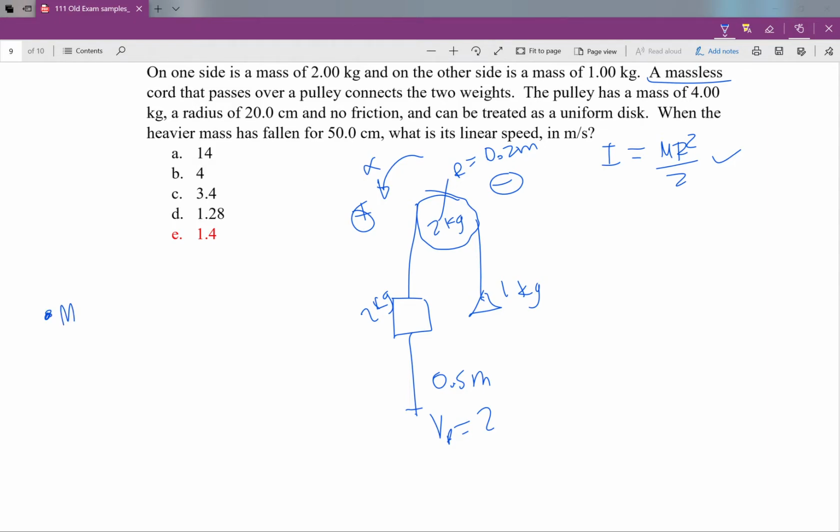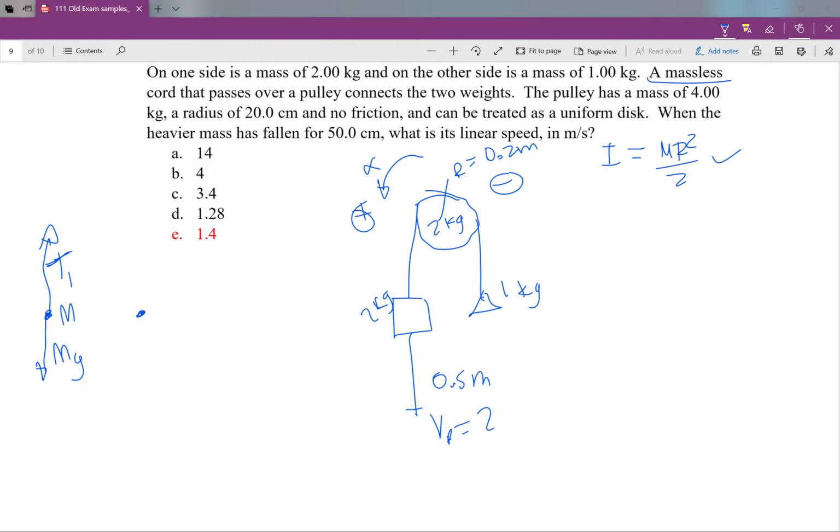For the big mass, we have tension going up, and we're going to call it tension 1. In this case, the tensions will not be the same because now we have a pulley with mass, meaning that we're going to have an angular acceleration over there. Now we got tension going up and we got big mg going down.